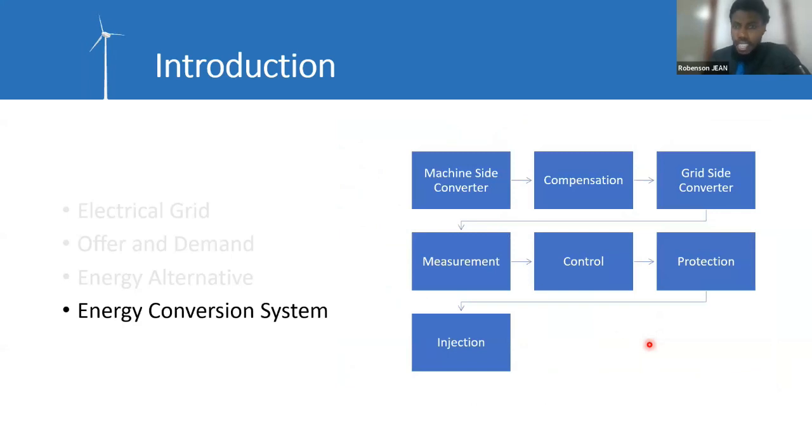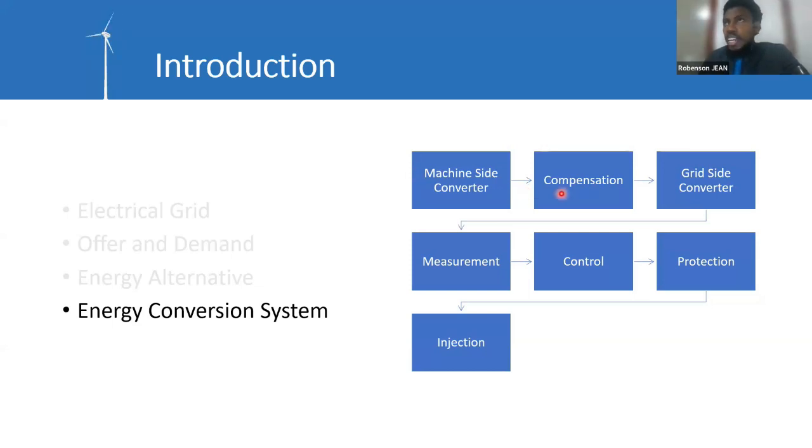Now let's see what the main parts of an energy conversion system are. After the generation, like the power plant, we have the machine side converter. The machine side converter helps us to convert the energy that comes from the generation and put it in such a way that we can make the compensation.